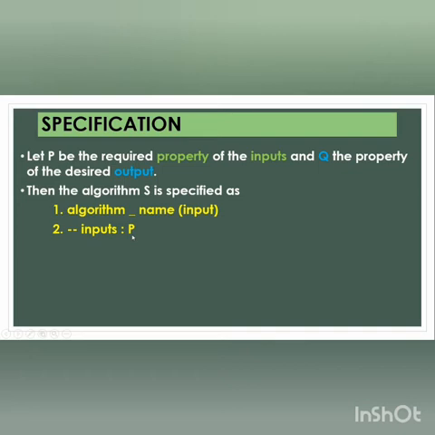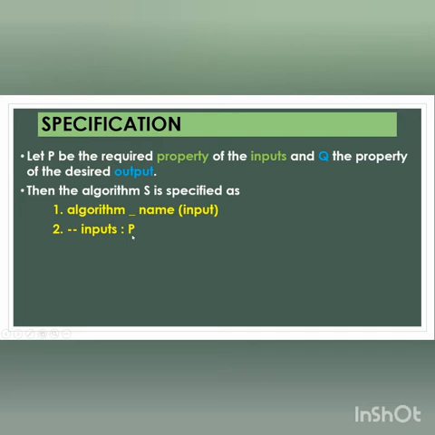A comment is a statement used to annotate a program for human readers and is not executed by the computer. A comment gives annotation to the user. Double dash indicates that this statement is understandable only by the user and will not be executed by the computer. So, in the second statement, we mention the property of the input.